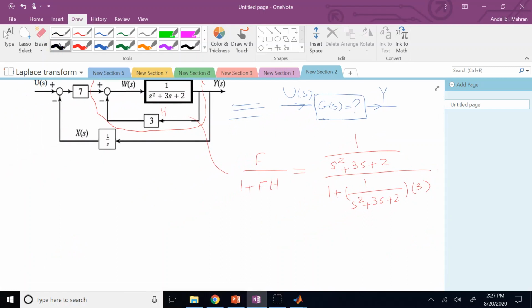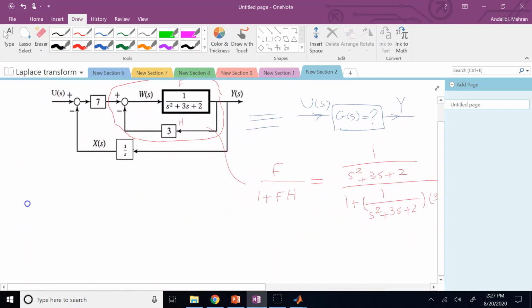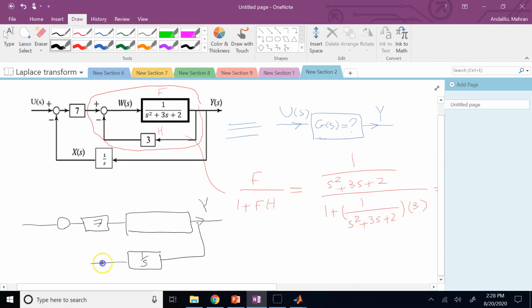So now I can redraw my FBD, not FBD, sorry, the transfer function, like that. This is 7. This whole thing is just one block like that, which goes out to be y. Y comes back with a 1 over s, and comes here.